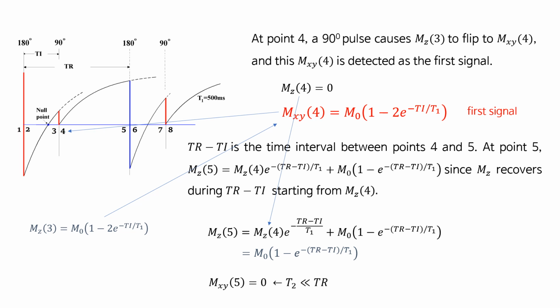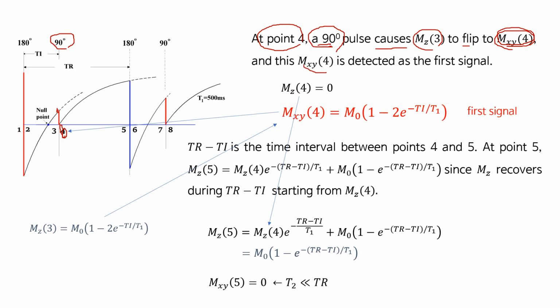Okay, at point 4, at this moment, so after the 90-degree pulse is switched off. Okay, so at this moment, the 90-degree pulse is applied, right? So this 90-degree pulse causes Mz3 to flip to transverse magnetization Mxy4.